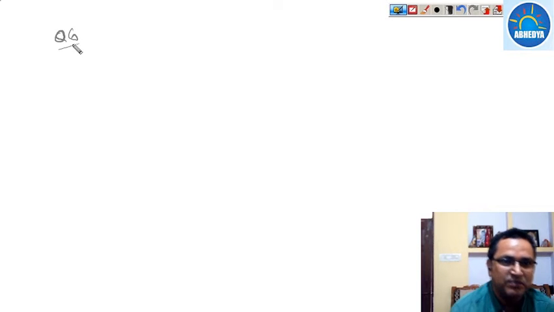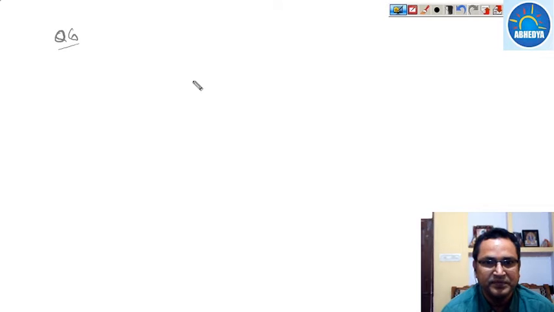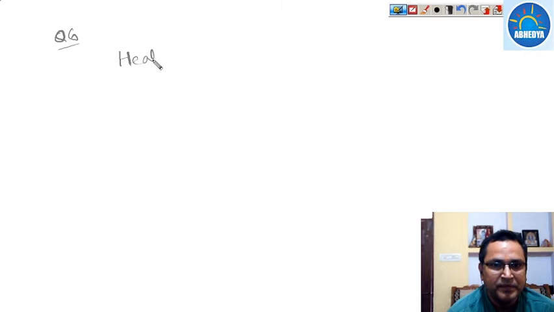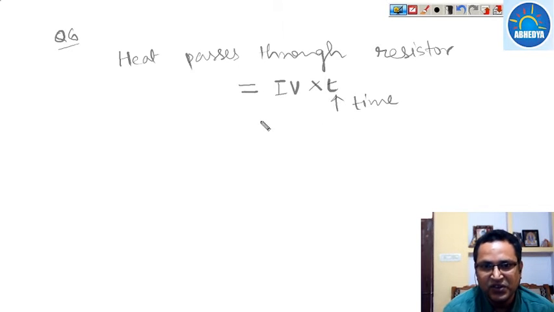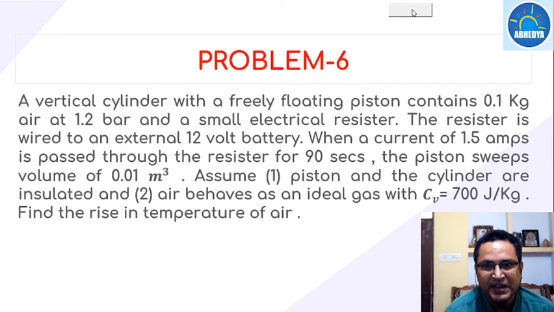Question number 6. Heat passes through resistor is equal to I into V into t. t is the time, for how much time the current is flowing through the resistor. So the value of current is given as 1.5 ampere and the battery voltage is 12 volt and it passes for 90 seconds.